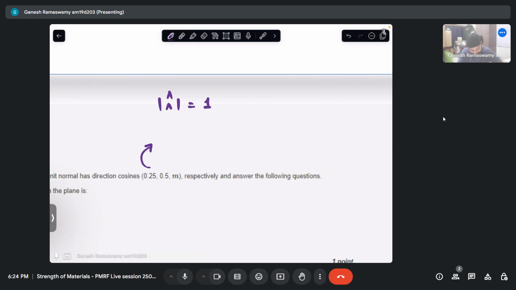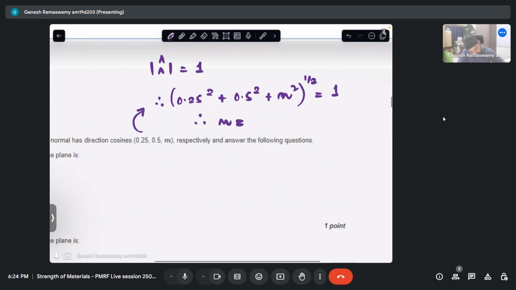So therefore, root over 0.25 squared plus 0.5 squared plus m squared, the entire thing, is equal to 1. So m can be back calculated from here as root over 1 minus 0.25 squared minus 0.5 squared, which comes to 0.829.